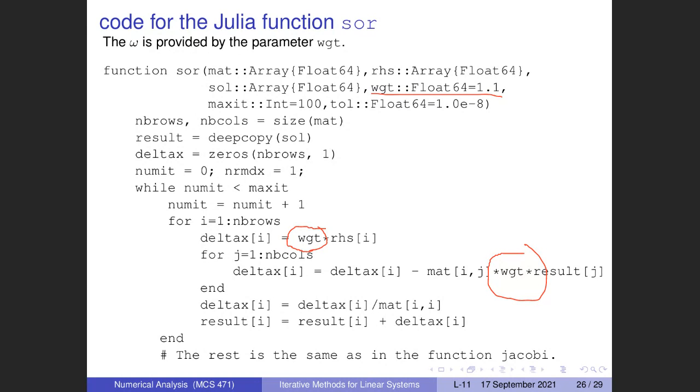We have the weight parameter when we multiply the right-hand side, and also when we update with the result. All right. So we covered the method of Jacobi because we can recycle a lot from the function of Jacobi. Jacobi was a very simple method and was actually quite nice to implement. Here we can now focus on what really matters.